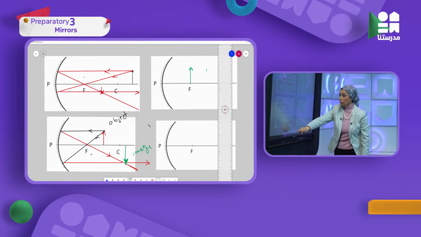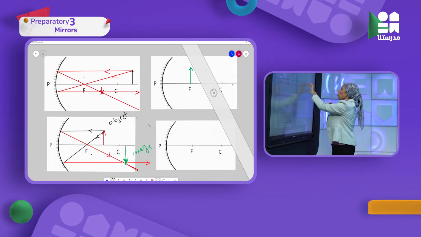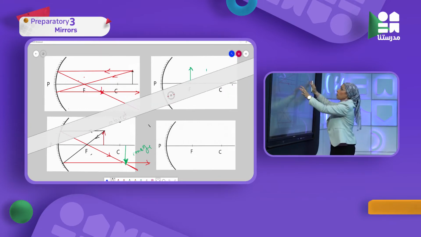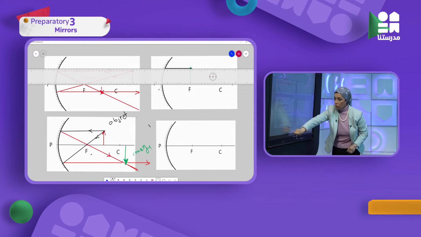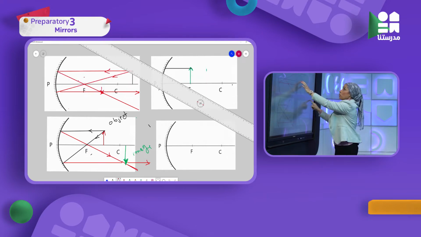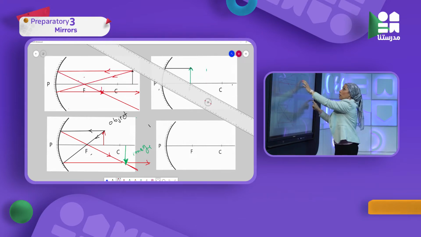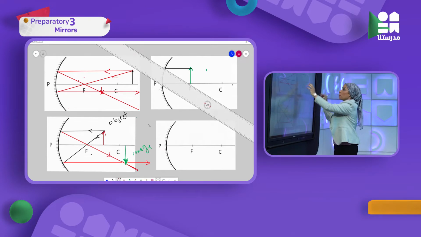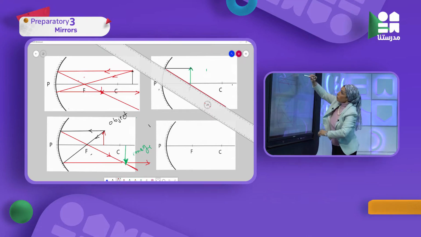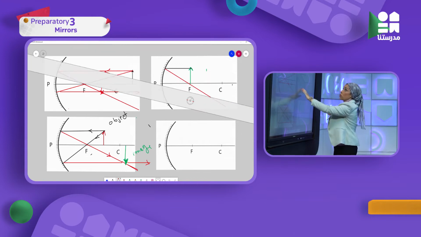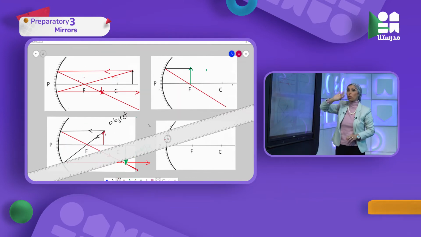The first ray, parallel to the principal axis, like that. It reflects how? Passing by the focus from the same point. You have to reach the surface. If I did not reach the surface, it is completely wrong. Then this is the arrow.